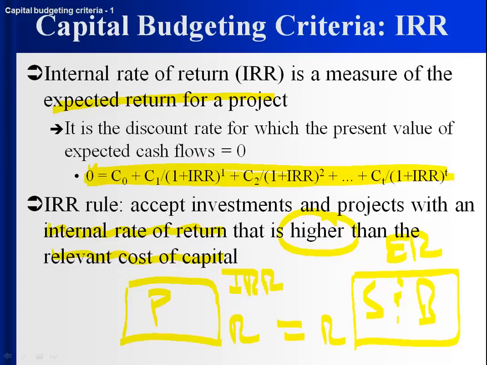If you can get a higher return from the project, such that your internal rate of return is greater than what you could get with stocks and bonds for the same level of risk, you do the project. If for the same level of risk, the IRR, the expected return associated with the project, is less than what we could get with stocks and bonds, you shouldn't do the project. And if these happen to be equal, you'd be indifferent. For the same level of risk, you get the same expected return.